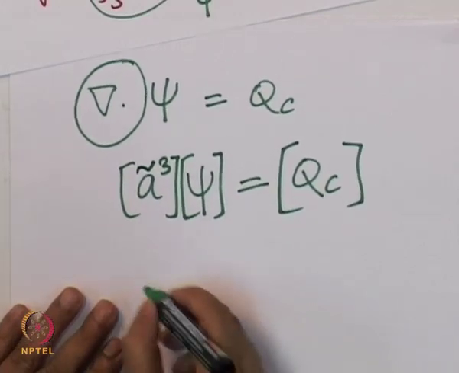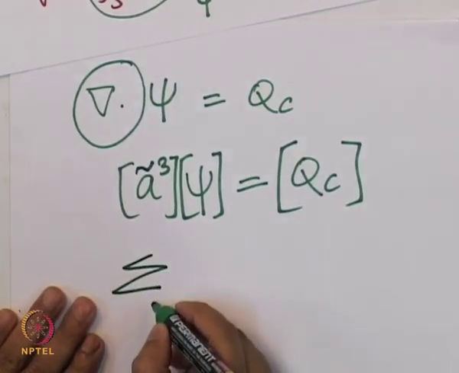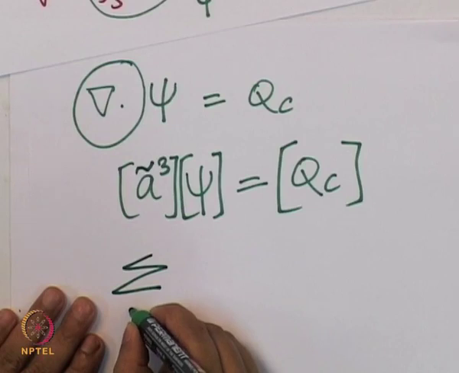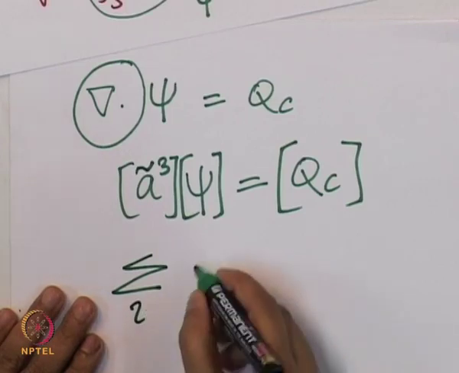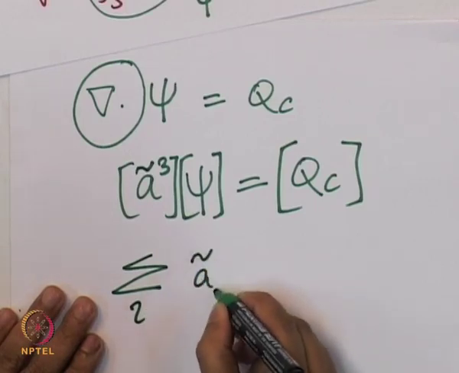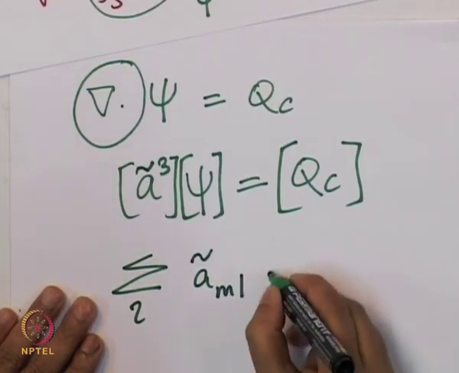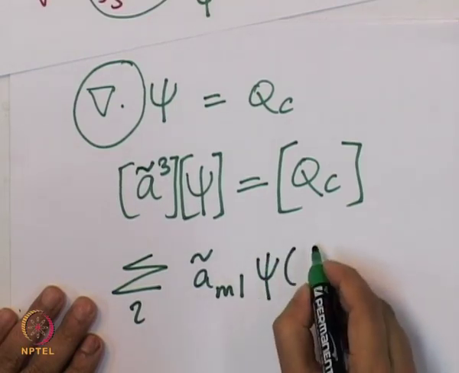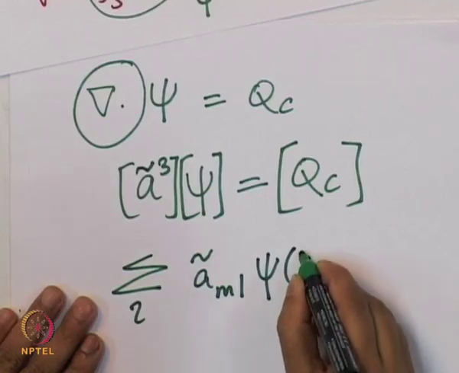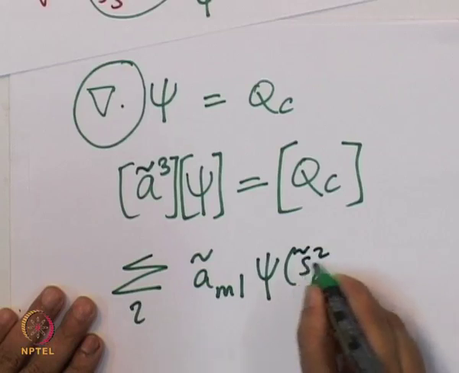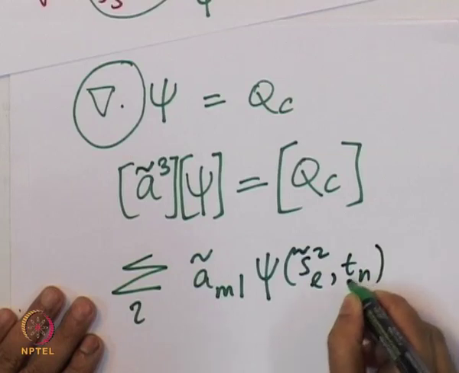If you write it in the individual form, this is the matrix form, and the individual form will be the sum over all the sides of the volume. So L will be A, let us say M, where M is the volume we are talking about, and then we have phi defined on that particular surface. Since it is a dual, I put a dual sign, and it is associated with the primal time instant.